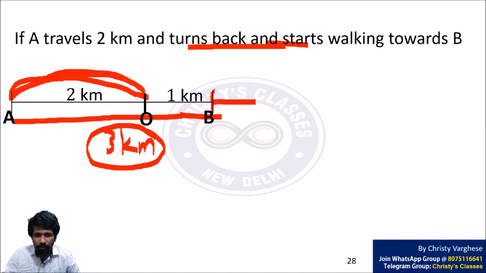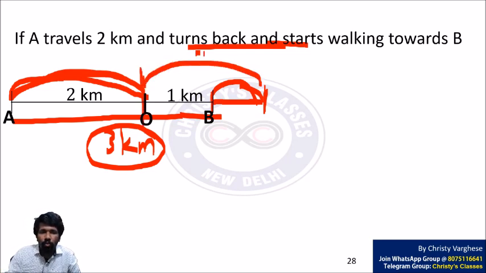B will also move forward. How many kilometers? 1 kilometer, because 1 kilometer per hour. So in the next 1 hour, B will be here. That means A is at the starting point itself. Still they are 2 kilometers apart.